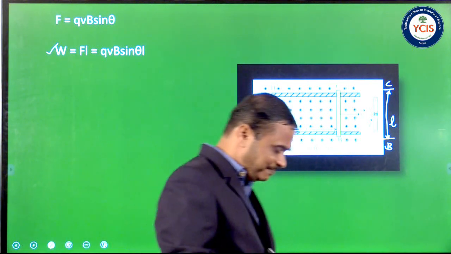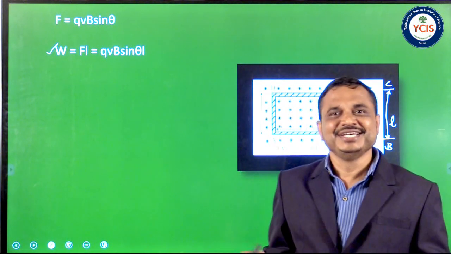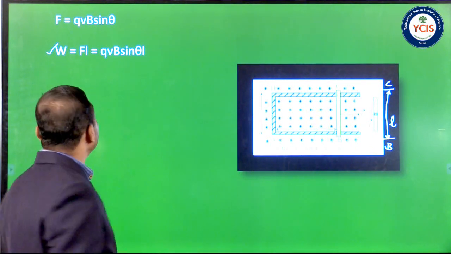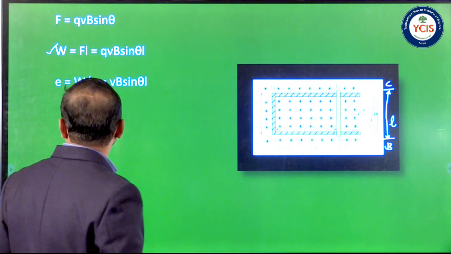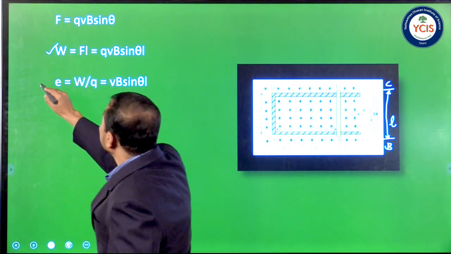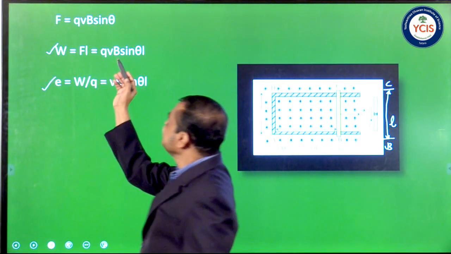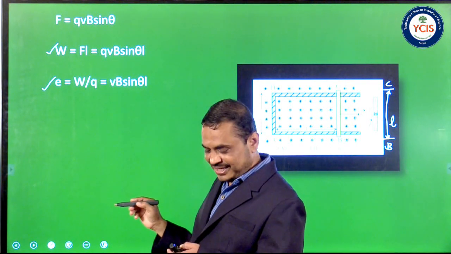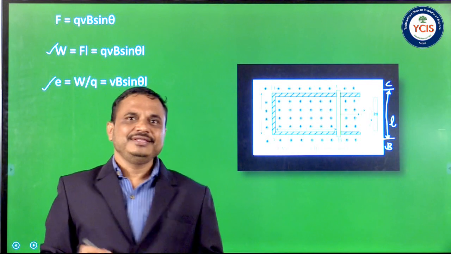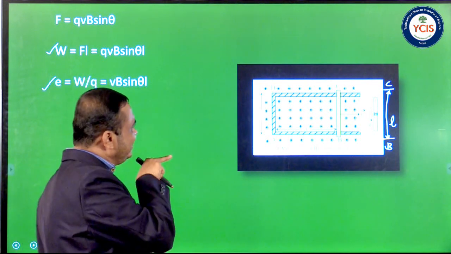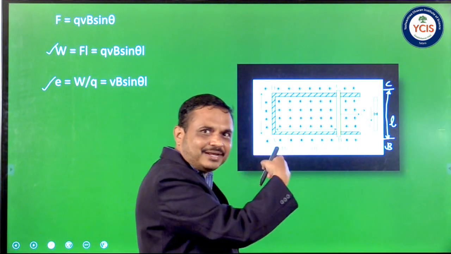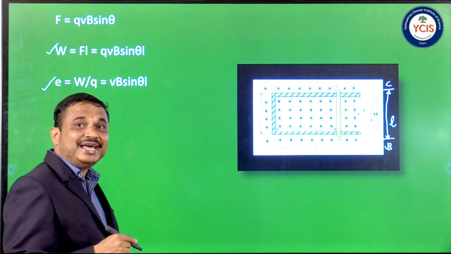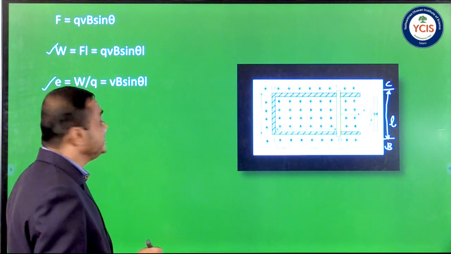By definition, the work done per unit charge is the EMF. So E is equal to W upon Q. Substituting the expression for W, we get vB sin theta into L. Here theta, the angle between v bar and B bar, is 90 degrees, and therefore sin theta is equal to 1.